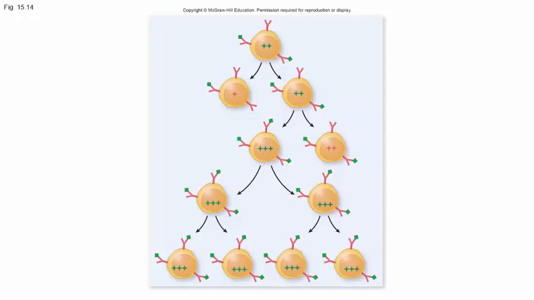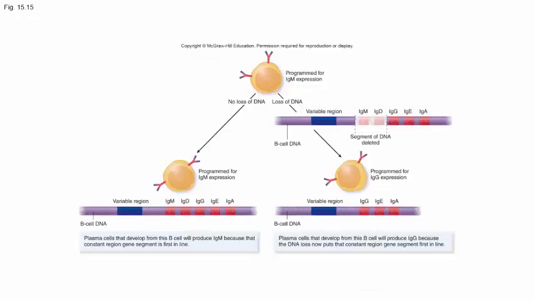Okay? Finally, we get into this issue called class switching. Initially, naive B cells make IgMs, and once inside lymph nodes, helper T cells release cytokines and trigger the switch into making IgGs. This is going to require a change in the genetic program and deletion of the genes for IgM and IgD.